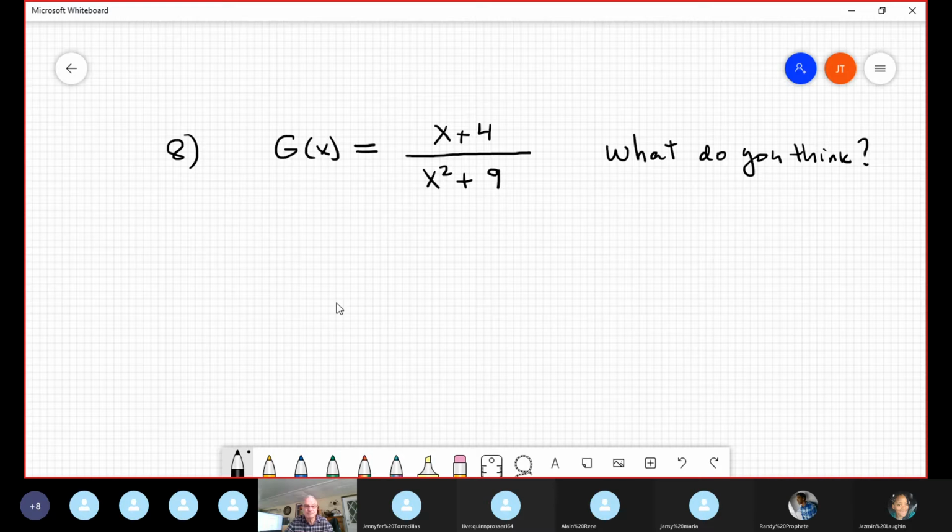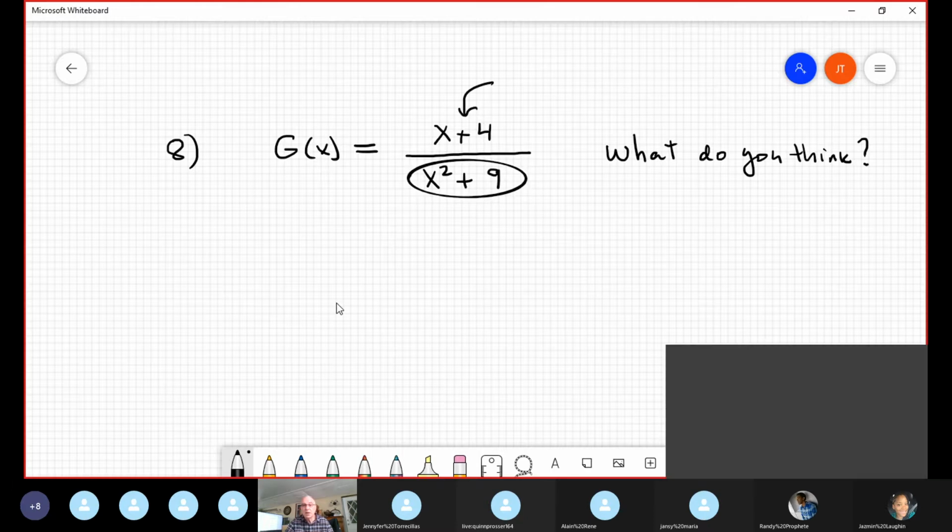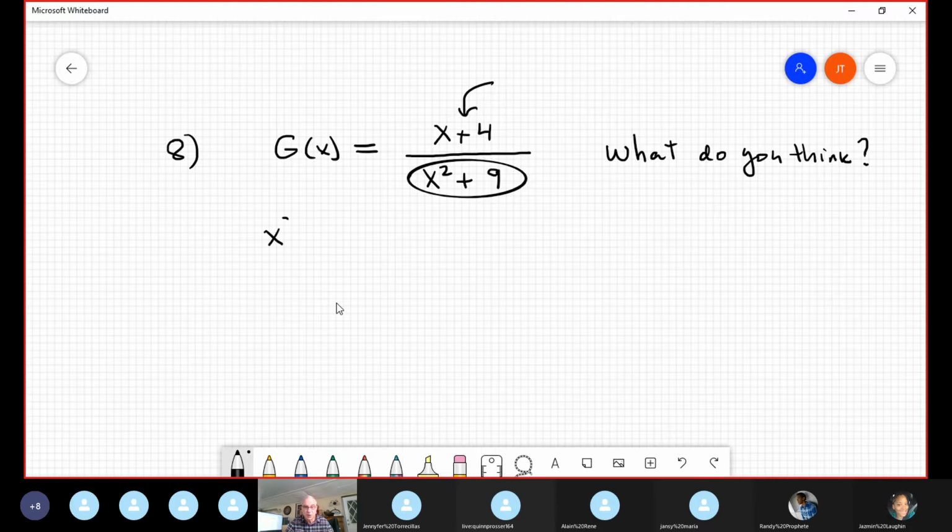How do you investigate the domain of any rational function? Well, you take the expression in the denominator. I don't care about the expression in the numerator. Someone amazing says, all real numbers, professor, because this is an irreducible quadratic. So suppose you don't know, you try to investigate this without knowing.